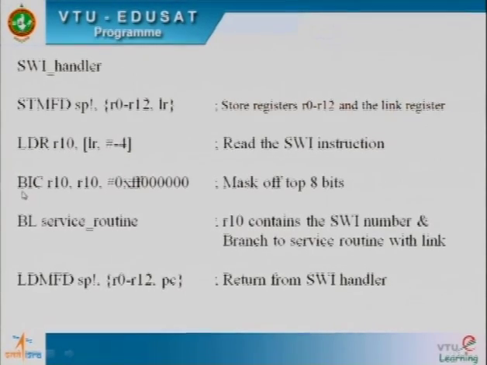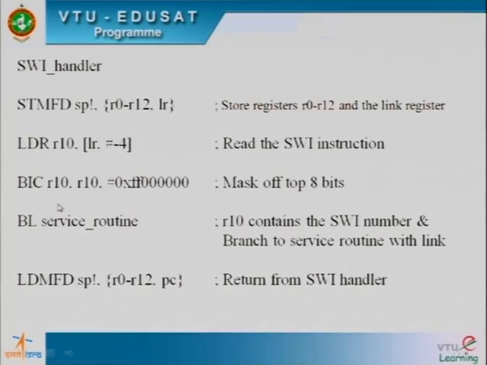Next is BIC, bit clear. If you remember, bit clear takes the NOT of the immediate value and then ANDs it with the R10 content. R10 content right now is the SWI instruction. In that SWI instruction it masks the upper 8 bits. That is the meaning of this instruction: mask off the top 8 bits.